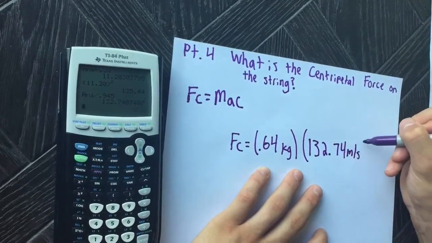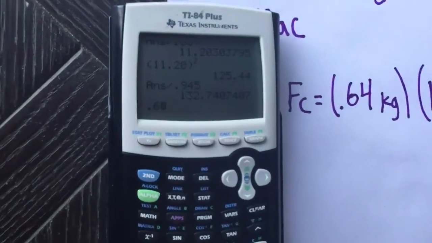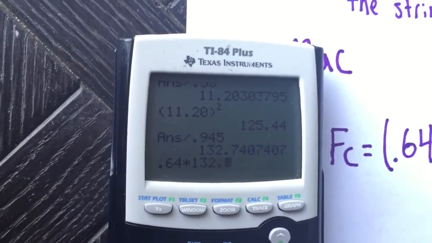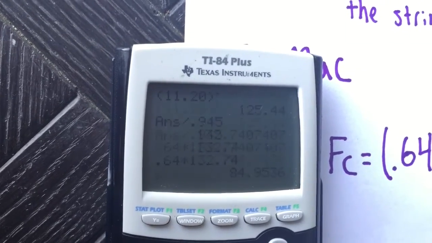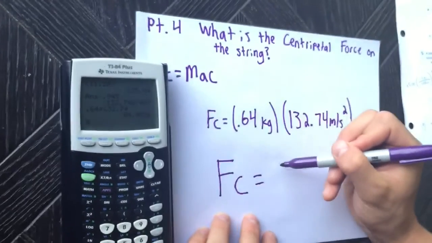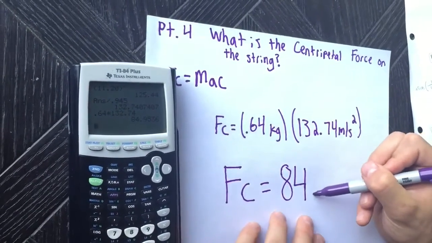After I plugged this in, I went to my calculator. 0.64 times 132.74 equals 84.95 after you round it to 2 decimal places, and the unit is newtons because it is a force.